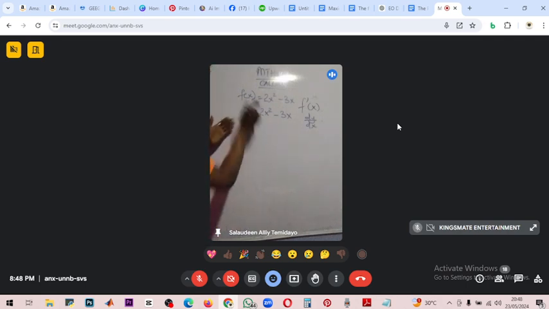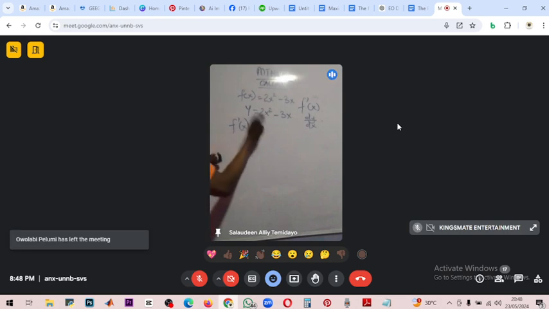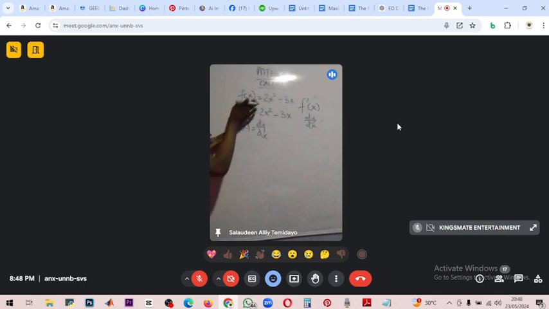I'm given the function f of x now. It is equal to this. Then find f prime of x, which is going to be the same as dy dx. So I can say it is f prime of x if it is presented in this form. And as well, I can say it is dy dx if it is presented in this form. That is differentiating y with respect to x.